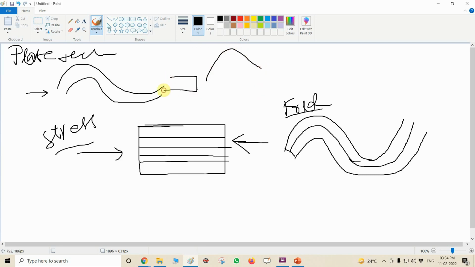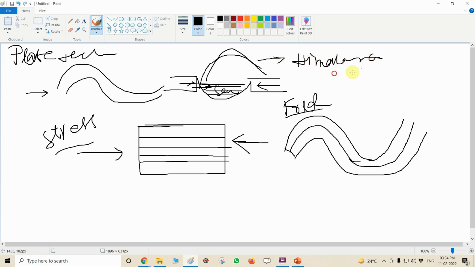So two plates are moving, and in between you have a sea which is filled up with sediments. If the plates move this way, the sedimentary strata will be folded like this. This is one example, and this process happened in the formation of the Himalaya. You might have read it in your school geography, but okay.